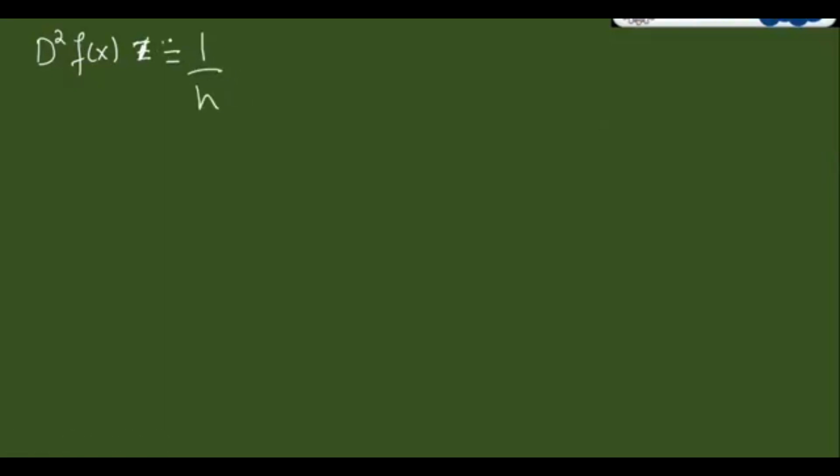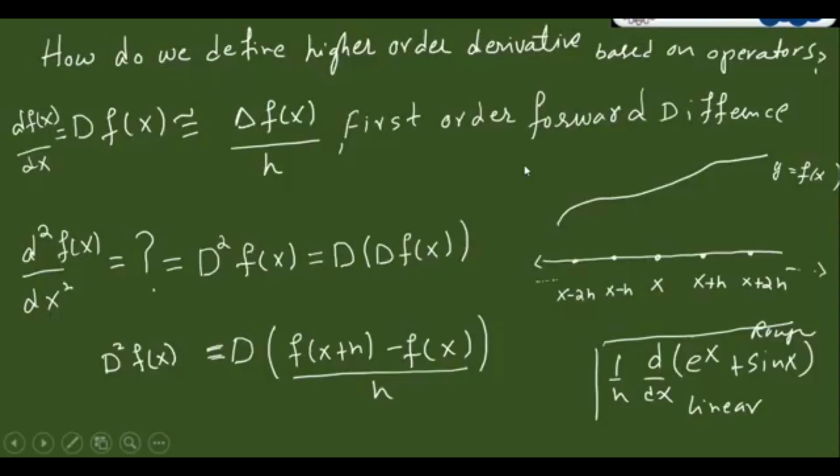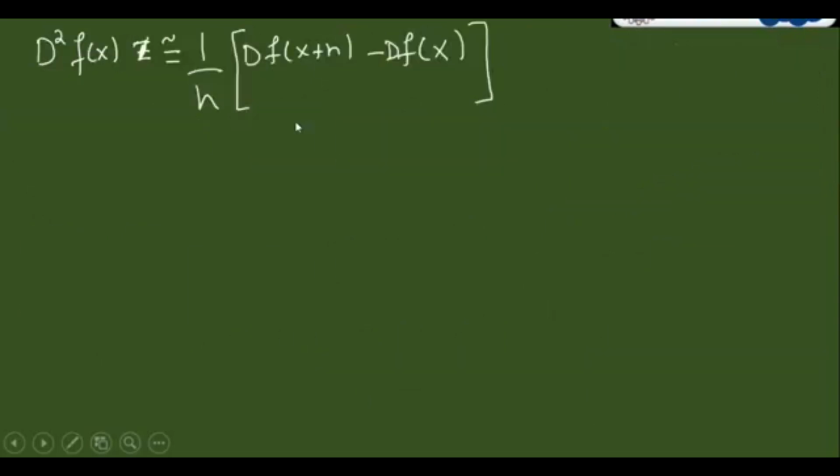We can say approximately as well because we already opened the forward difference, so this is not a problem. It is defined as d of f of x plus h minus df of x. So the d is shifted to both of the values at different points, and h is taken out as common.